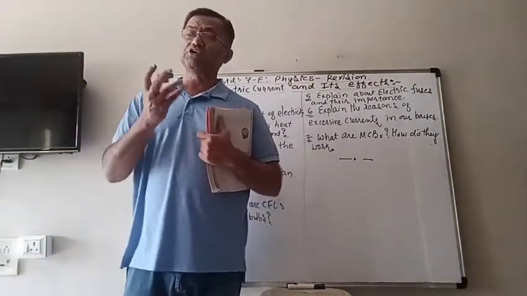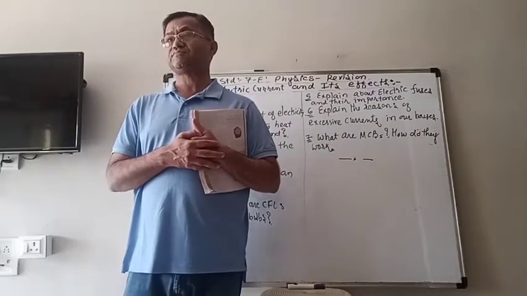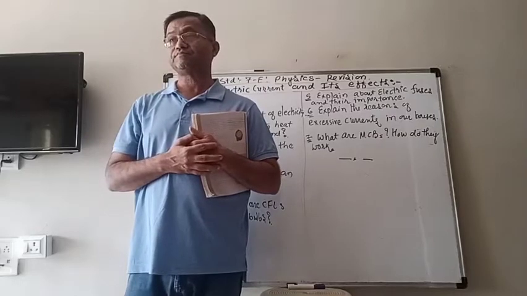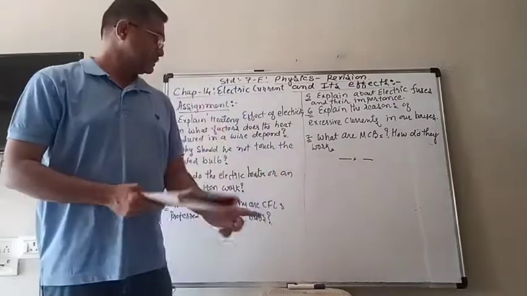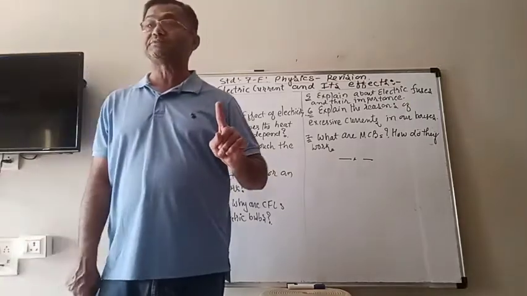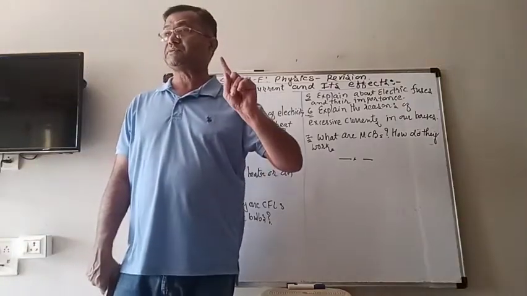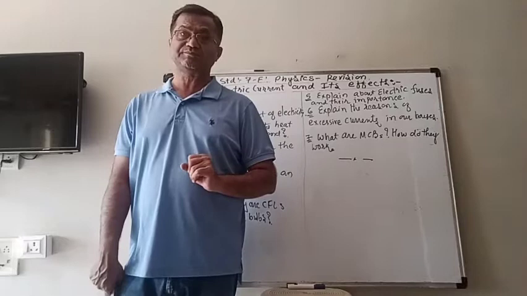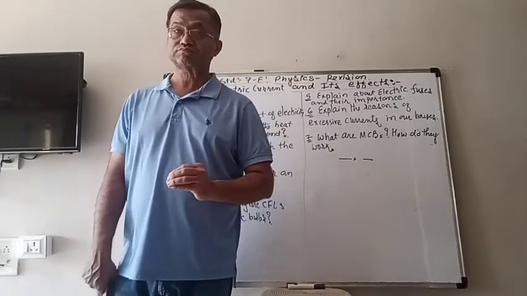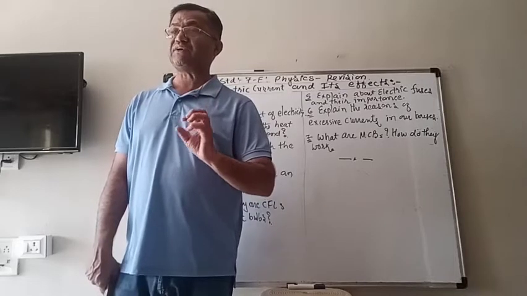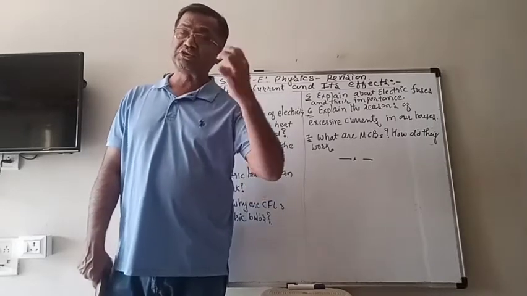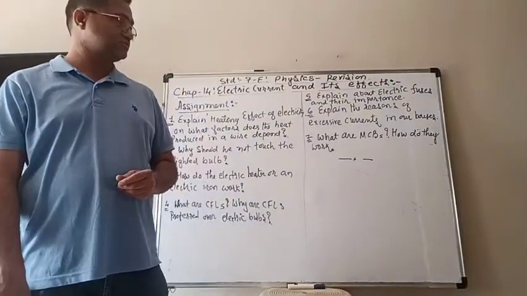And you can use these CFLs in our normal bulb holders. Therefore, CFLs are preferred over electric bulbs, because electric bulbs are wasting electricity because they are going very hot. So the CFLs are used in place of that to reduce the wastage.